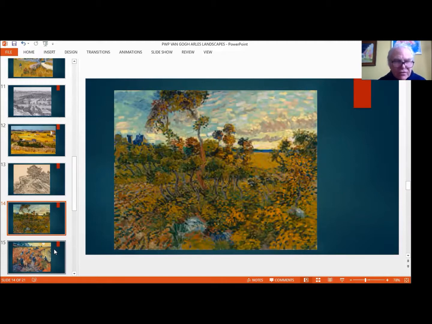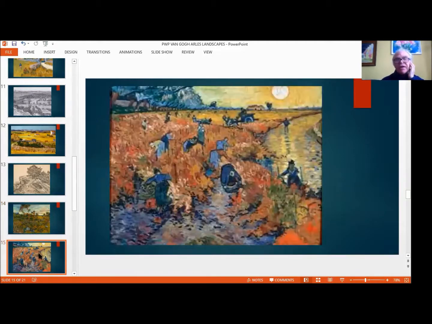As the spring turns into summer, a new theme starts to come into Van Gogh's painting, and that's the theme of the sun, and particularly the theme of yellow, the association between the colour yellow and the sun. And we see here, Van Gogh was always interested in painting physical labour.